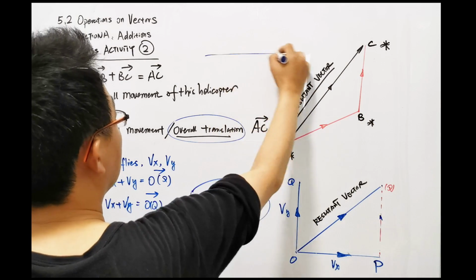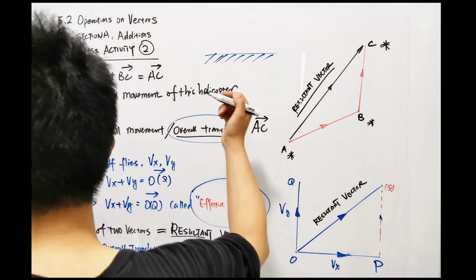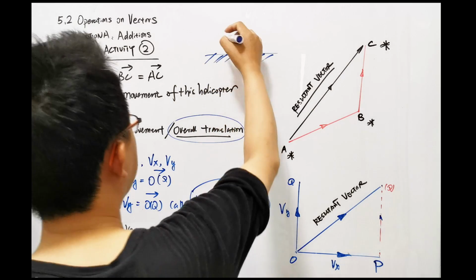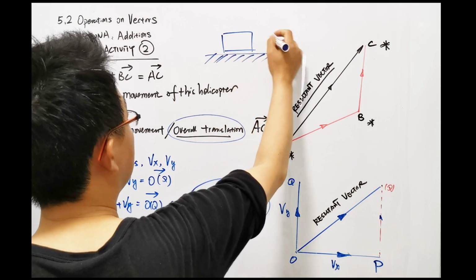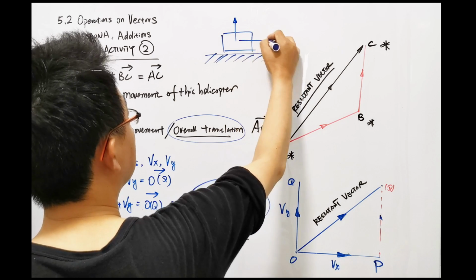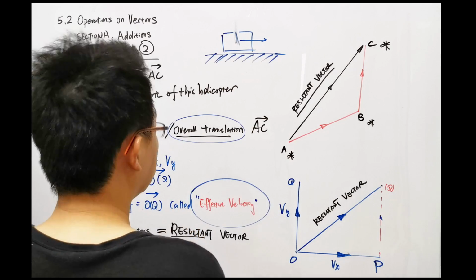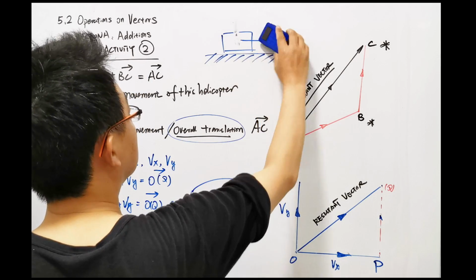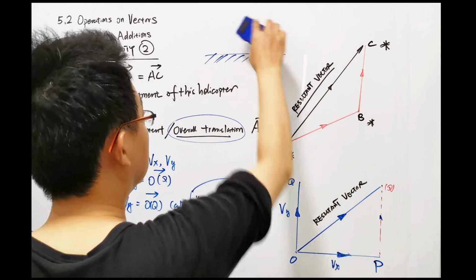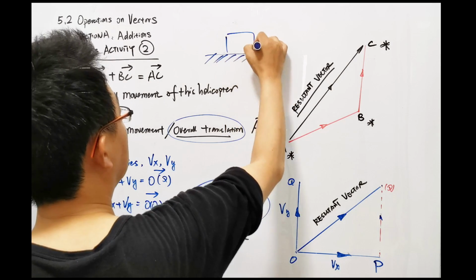And when we have two forces, for example, a force acting on one of the bodies, assume we have one object.